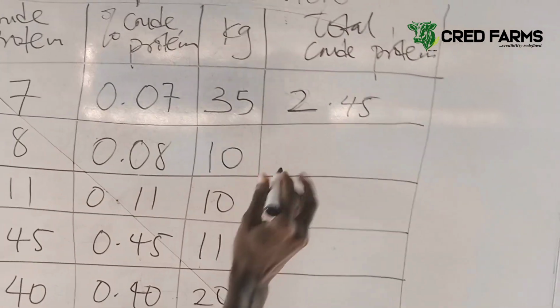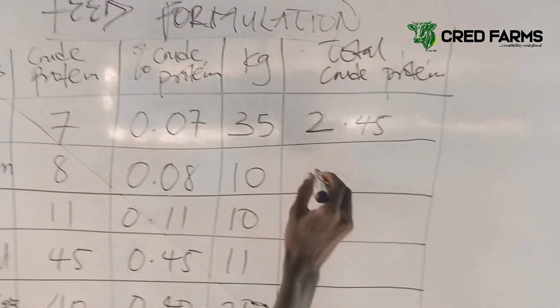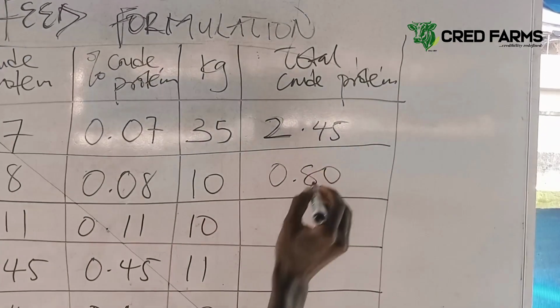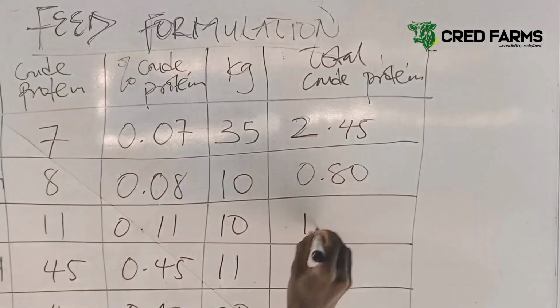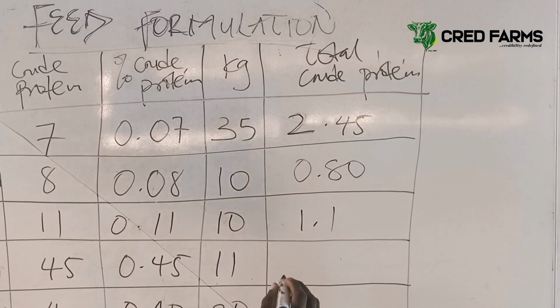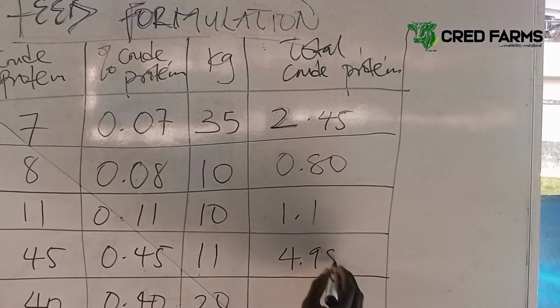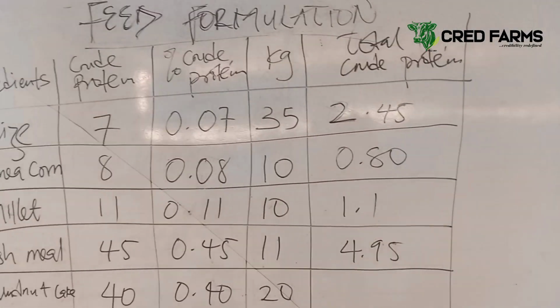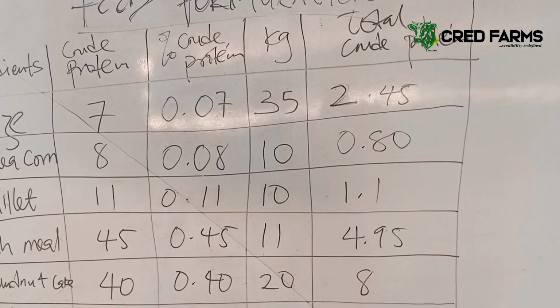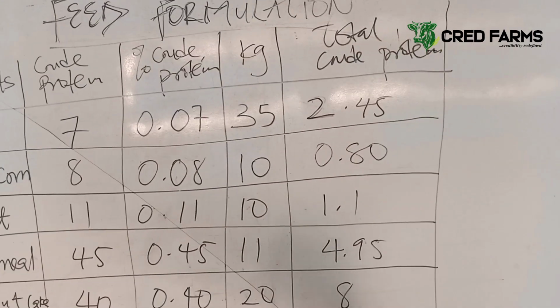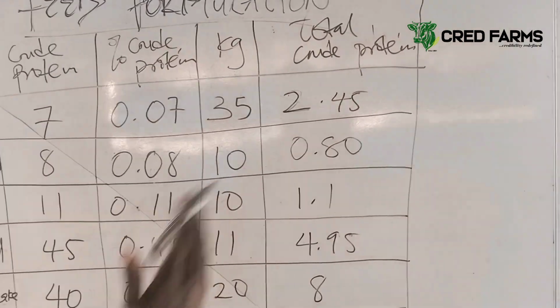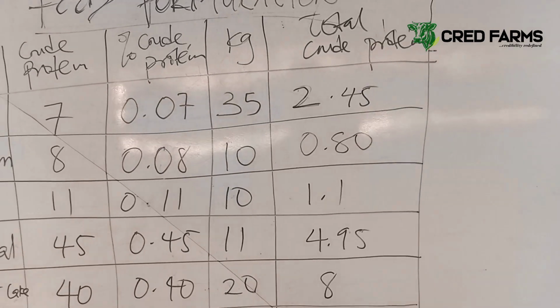When you multiply this, you're going to have 0.80. You have 1.1 here. You have 4.95. Then you have 8 here. You have 2.4. So if you add all these up, it's going to give you 19.7.